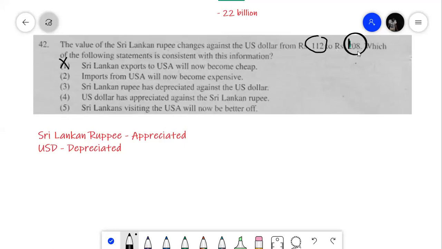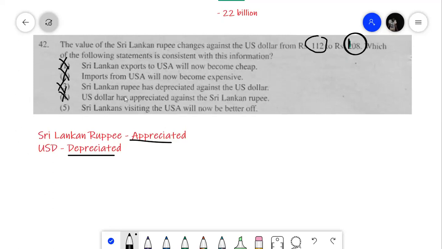You're only paying 108 now. So again, wrong. Then, Sri Lankan rupee has depreciated? No, the Sri Lankan rupee has appreciated. 112 became 108. The Sri Lankan rupee became stronger. So again, gone. US dollar has appreciated? No, the US dollar has depreciated.